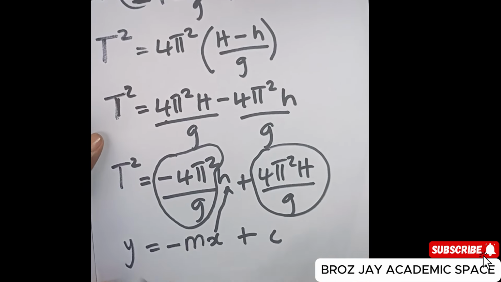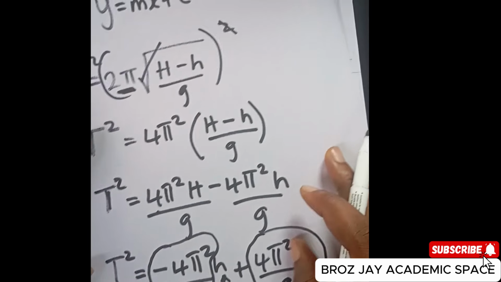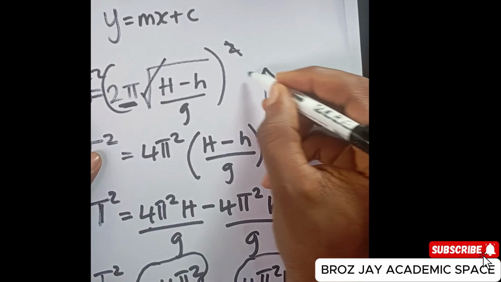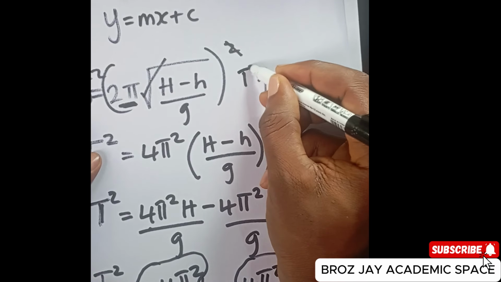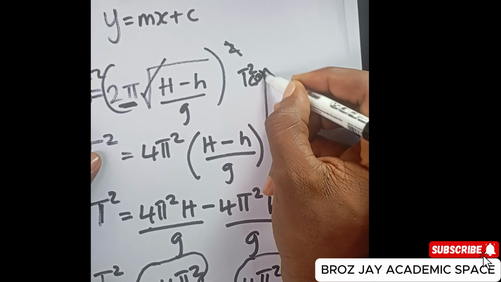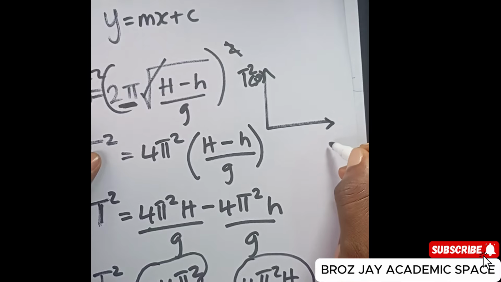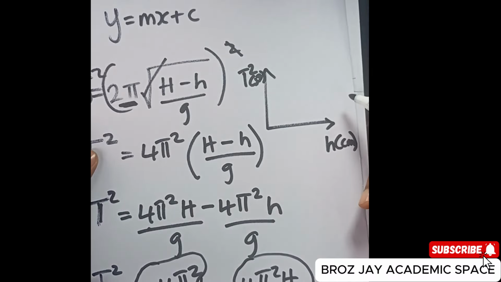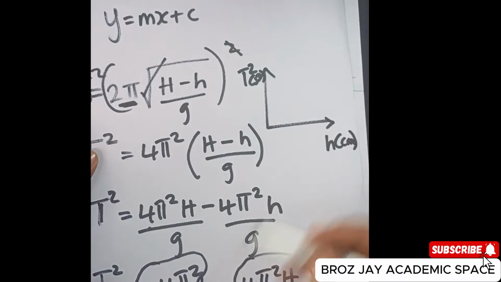So therefore, the nature of this graph will look like this, where here is t square in second square against h in centimeter. So I'll be having something like this.